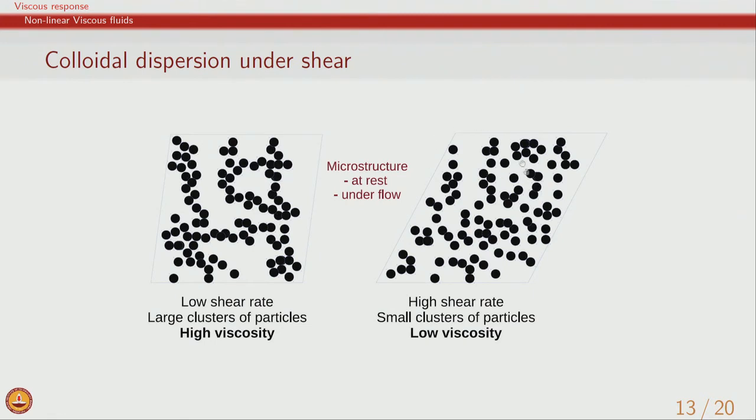Now, for both of these things, one key feature that we must remember is there is a microstructure at rest and then there is a microstructure under flow, and clearly there is an indication of recovery in this kind of structures. So, for example, if I stop this flow, the particles would again start getting agglomerated and they would again form a cluster, and therefore, material will come back to this.